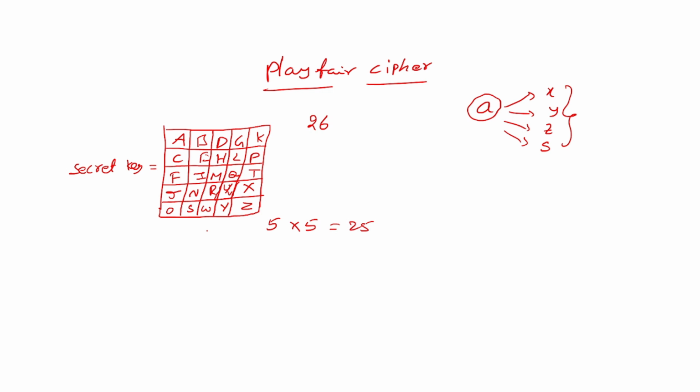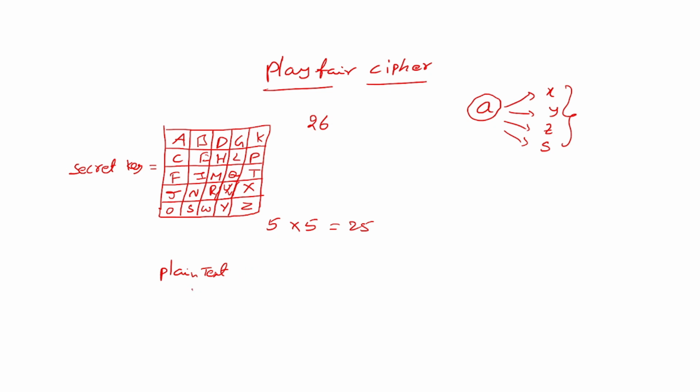Before performing the encryption operation, we need to make the data ready. Whatever plain text we are taking, that plain text must be ready for encryption. So how to make the plain text ready?